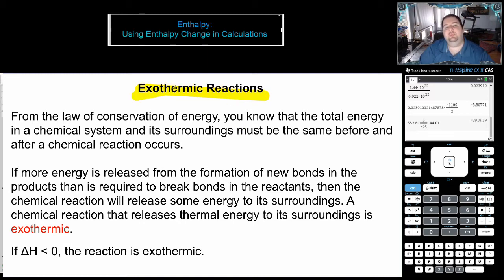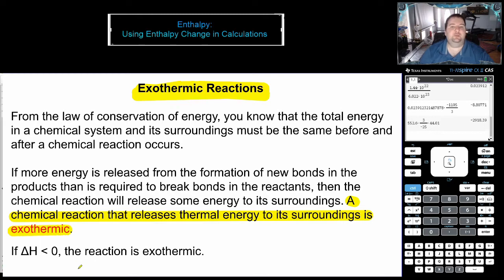Okay, let's talk about exothermic reactions. An exothermic reaction is something that we would have talked about in Science 10, and it is something that we know releases heat. So our general definition is a chemical reaction that releases thermal energy to its surroundings.